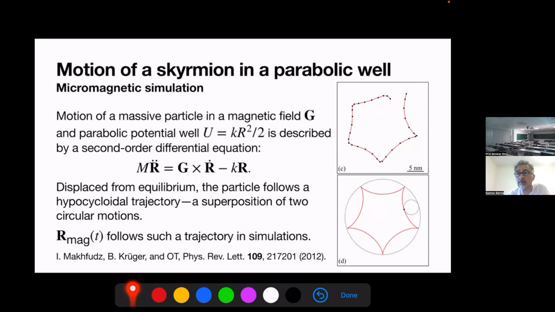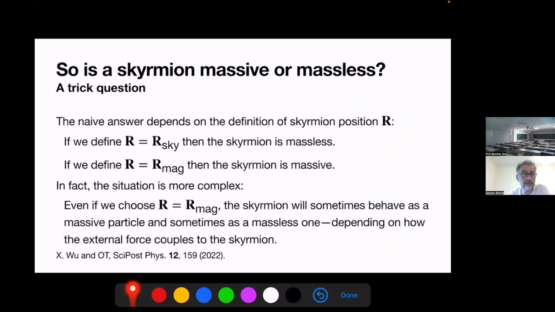And so you get two circular modes, one clockwise and the other counterclockwise, and their superposition gives you pretty much this hypocycloidal trajectory. So that again is evidence that you have a mass. And by following the trajectory, you can figure out what the mass is, what the gyroscopic constant g is, and so on. So is a skyrmion massive or massless?